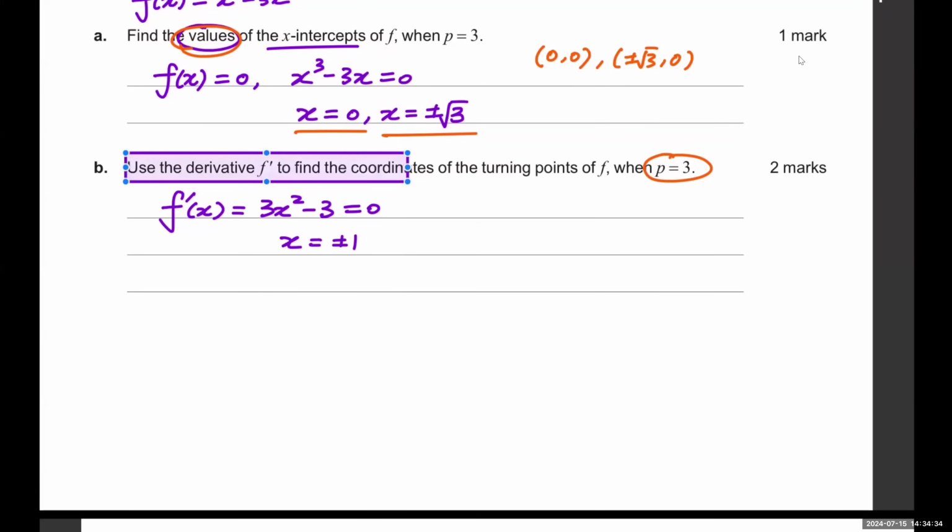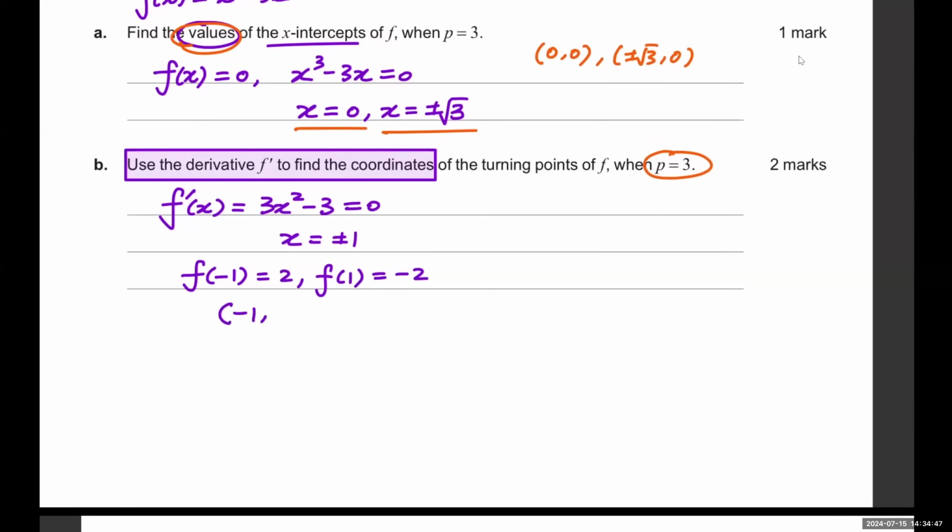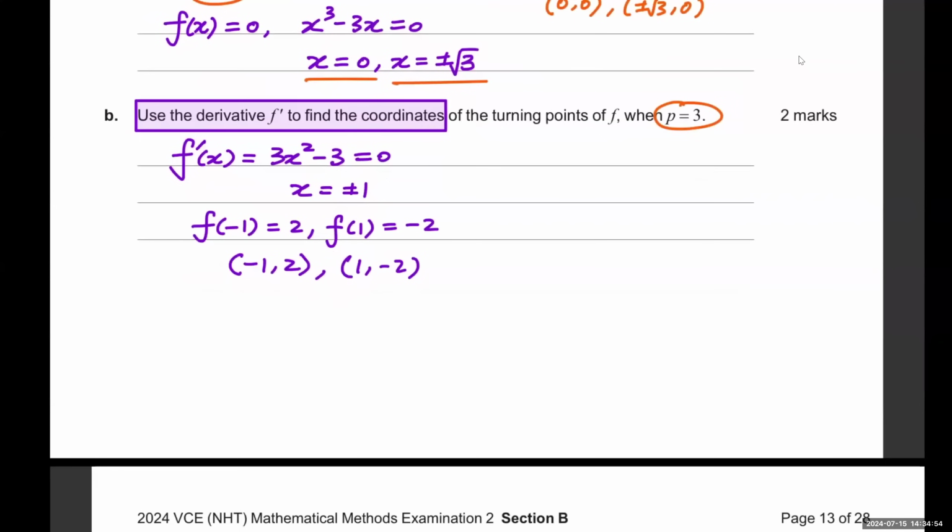So I suppose it is better to write down the actual derivative, then write down the full coordinates. Let's say f of minus 1 equals 2, subbing in, and f of 1 equals negative 2, which means you need to write (minus 1, 2) and (1, minus 2). Okay, so those are the stationary points.